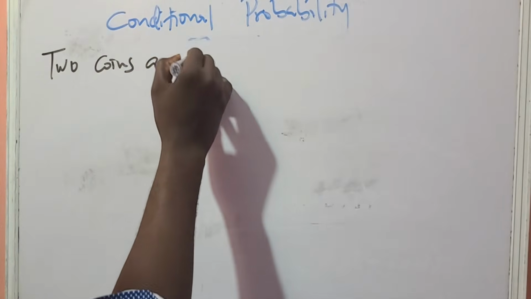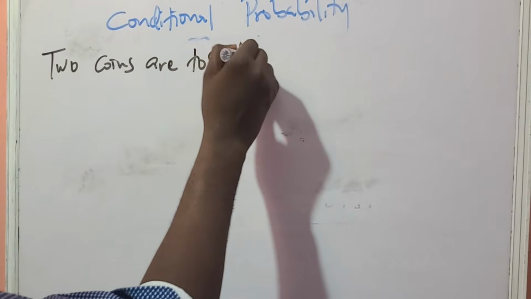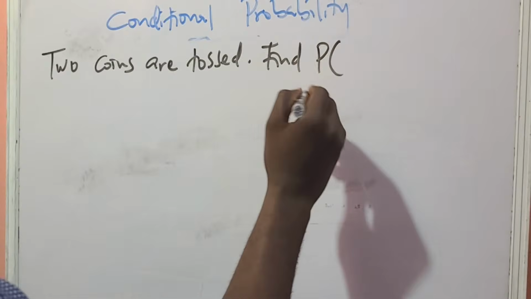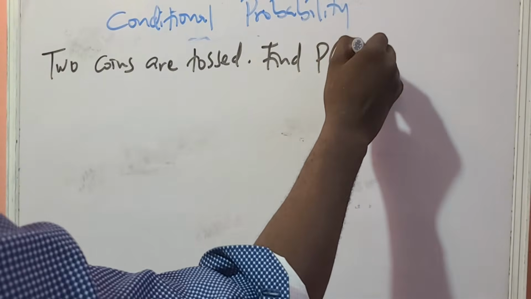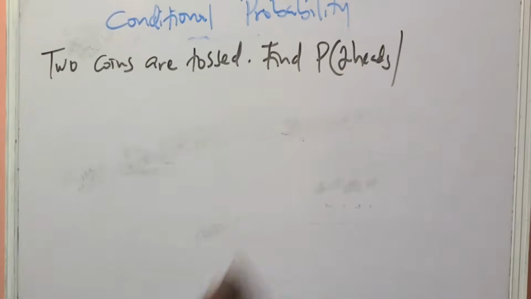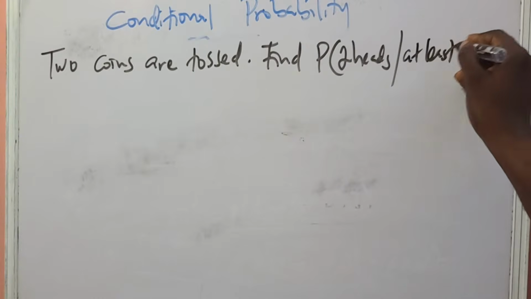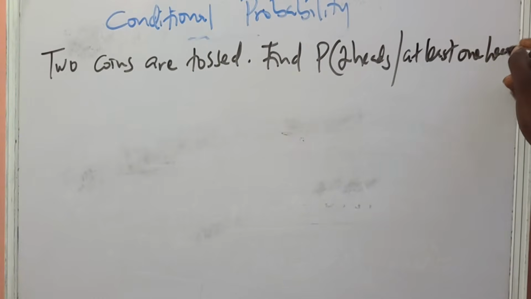So 2 coins are tossed. The question is for you to find the probability. Pay attention to this now. 2 heads given at least 1 head. You can see this well.